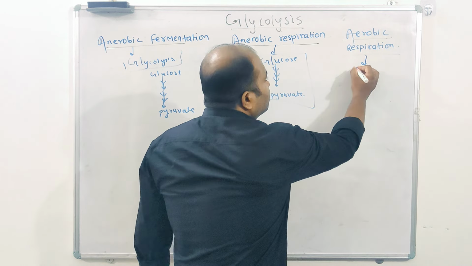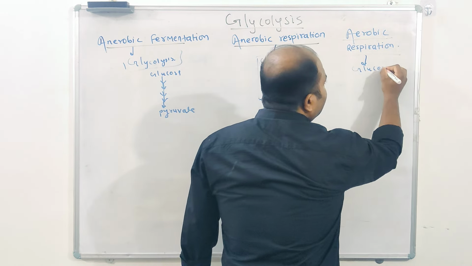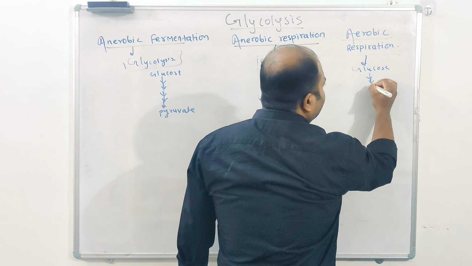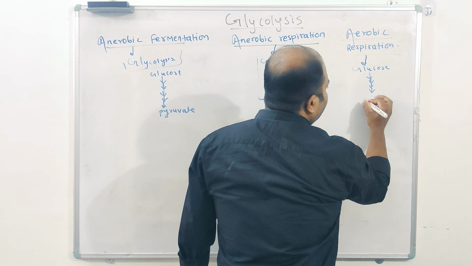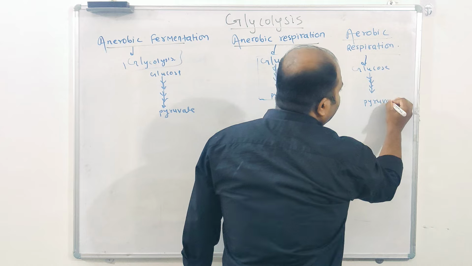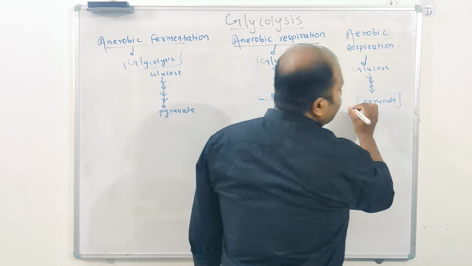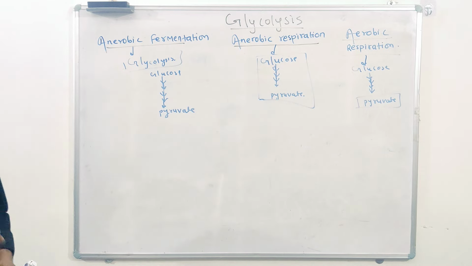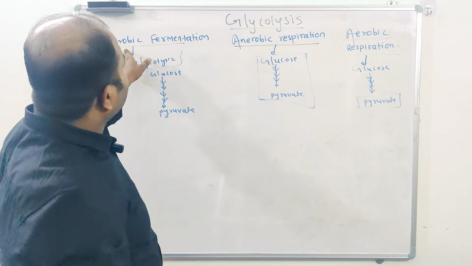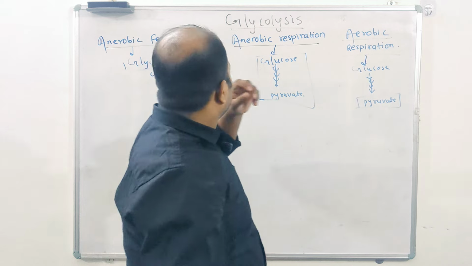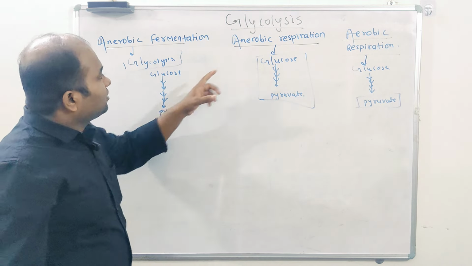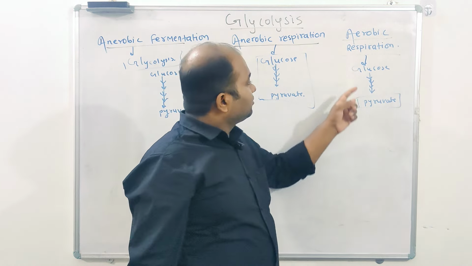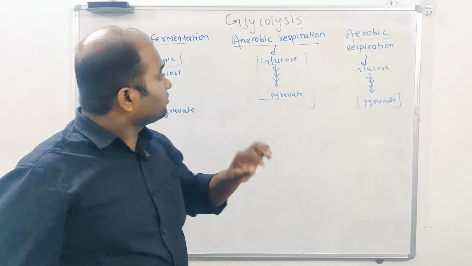It starts with glucose and ends up with pyruvate. But what is the major difference? As I told, there are three terms, and glycolysis occurs in all three.